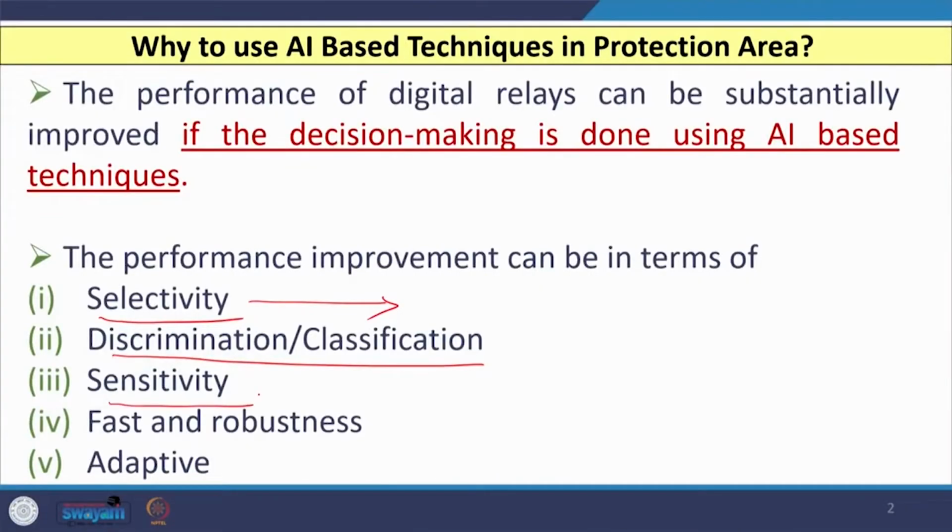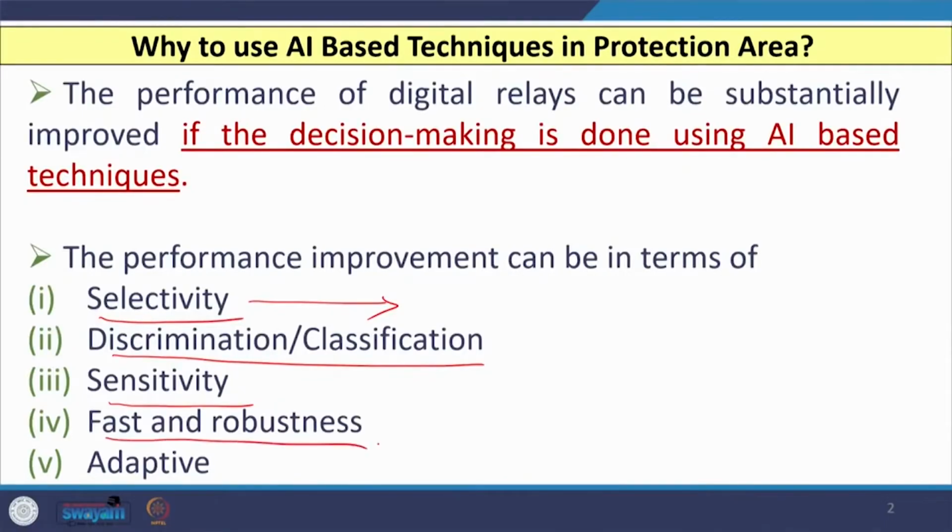The third is sensitivity. If I use AI based technique in digital relays for decision making, then it improves sensitivity. Sometimes it may be possible that the magnitude of fault current is lower than the full load current of the feeder or the line. That type of case can also be detected by such techniques.